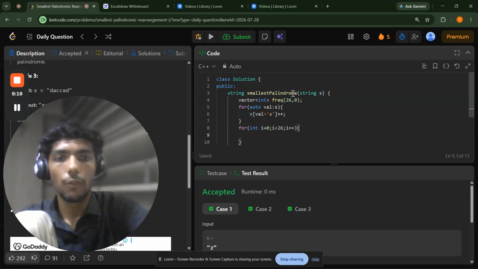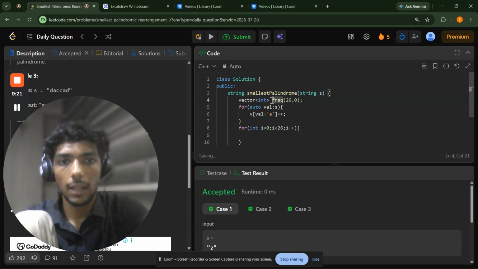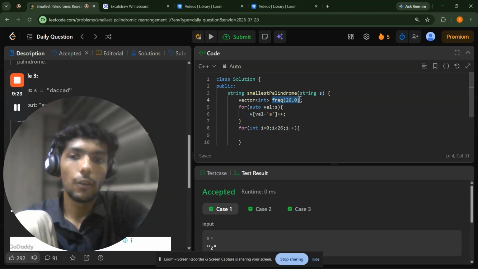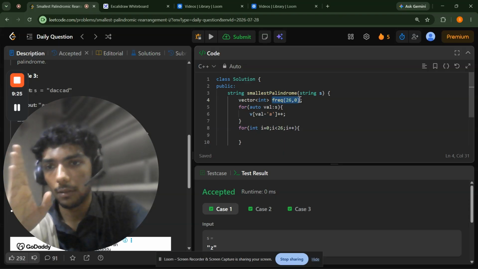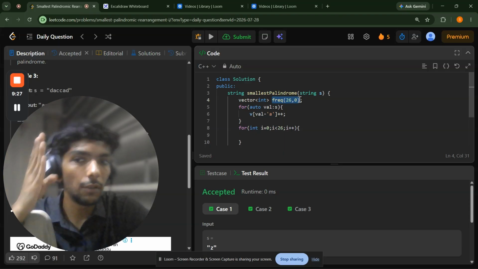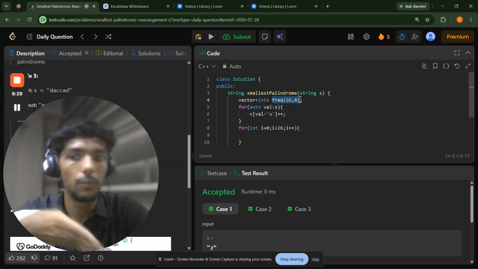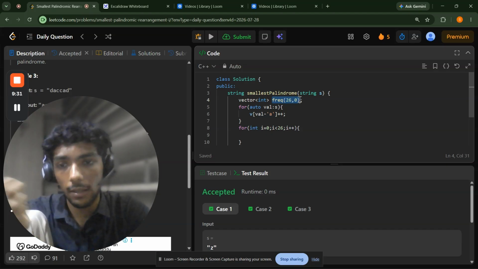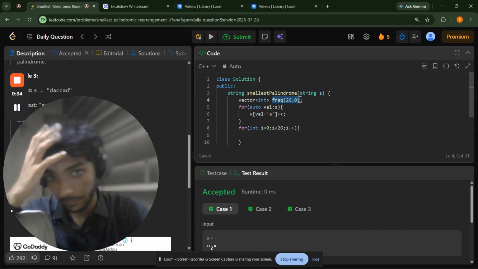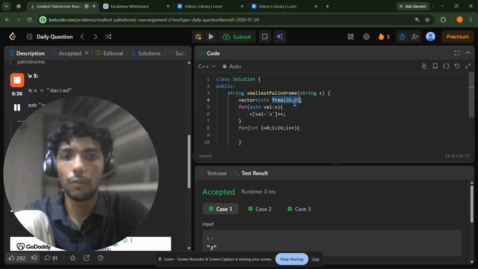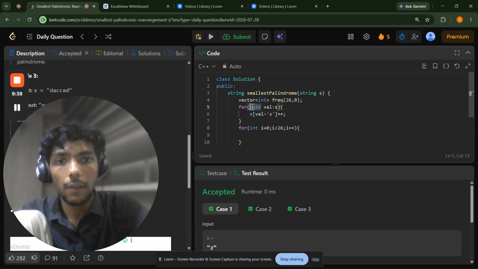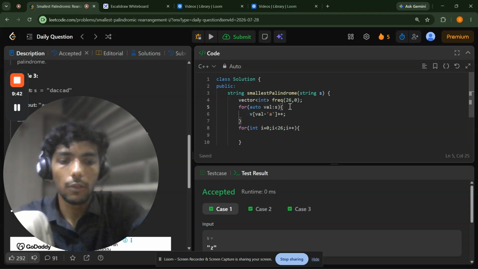Okay, so what we have done over here, we have initialized a frequency array of length 26, where A will be at position 0, B will be at position 1, likewise Z will be at position 25, and initialized each frequency with 0. That's why we have used 0 over here, and we will traverse the S. Suppose S was ABCDE.